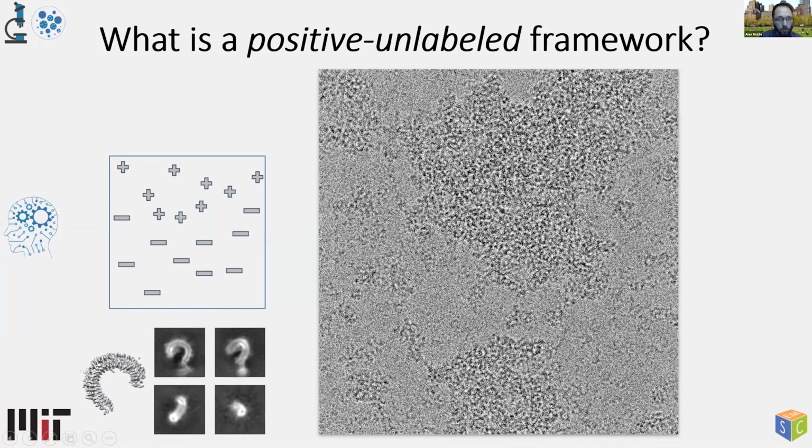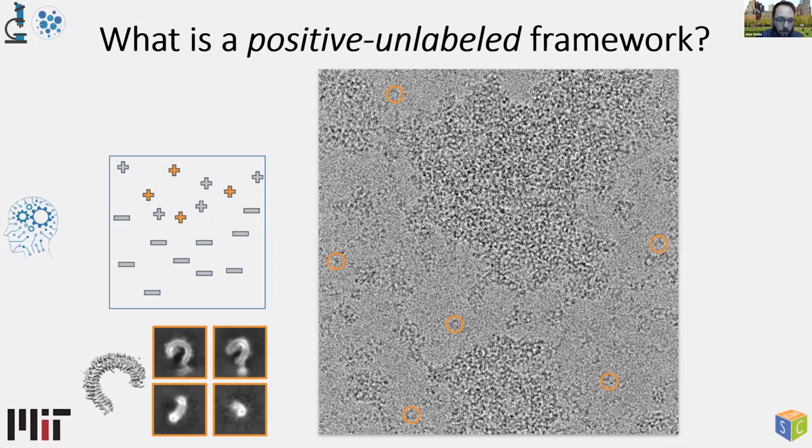Can we solve this problem with Topaz? And this is how Topaz solves it with positive unlabeled picking and training. So all you need to do pretty much is identify several of your actual views that you could see in your micrograph. You don't have to identify them all. You can incompletely pick and it works fine.